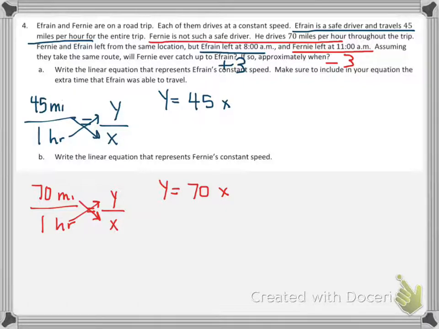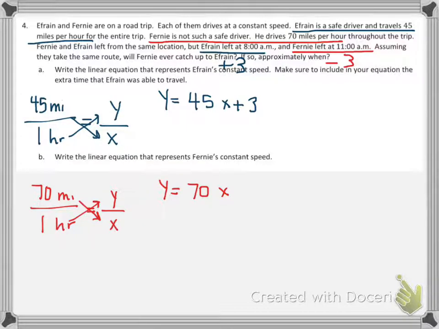So we could do a couple of things. Let's take Efren this time. The time that Efren traveled was x plus the 3 hours. Since Efren left at 8 and Fernie didn't leave until 11, he had a 3-hour head start. So we have to account for that.